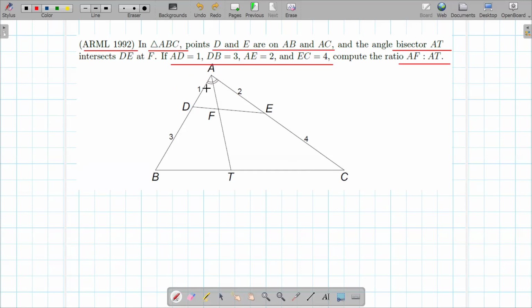Well, maybe one way of attempting a solution would be to actually express AF and similarly express AT. Well, this is doable.